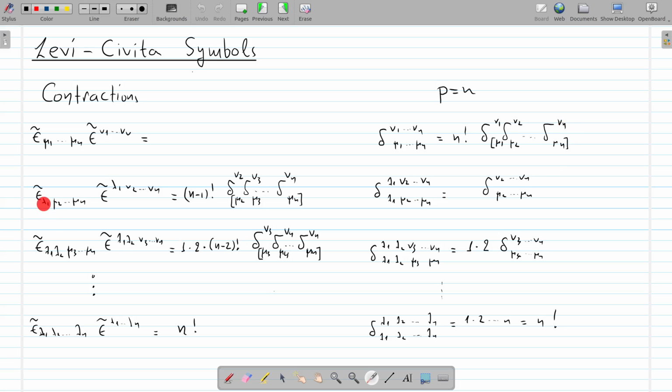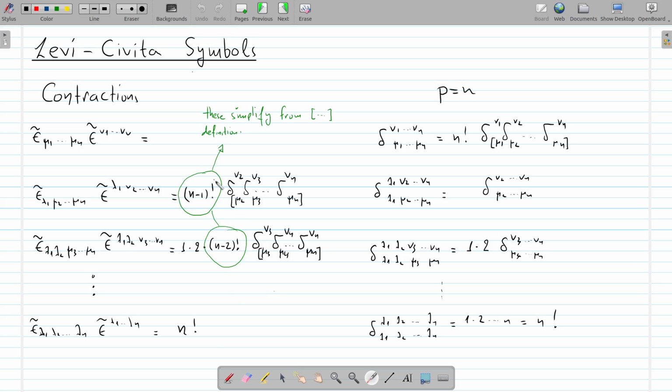So when we contract the first indices of the product of two epsilons, then we will obtain the n minus 1 delta symbol, which is equal to this. And then if we contract the second index, then we will obtain twice the n minus 2 symbol, which is equal to this. And if we go on and contract all indices, in the end we will obtain n factorial. So this is an important identity.